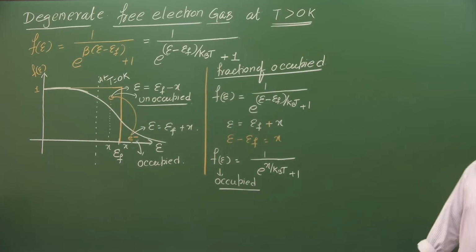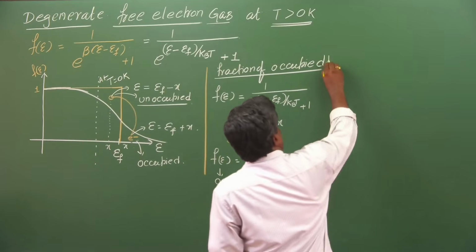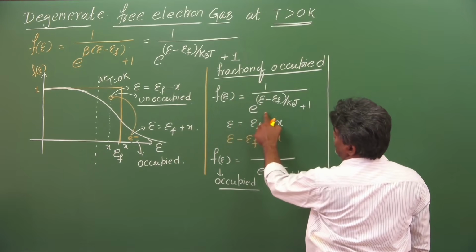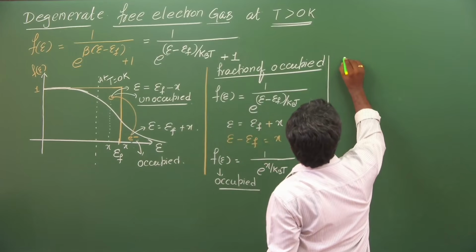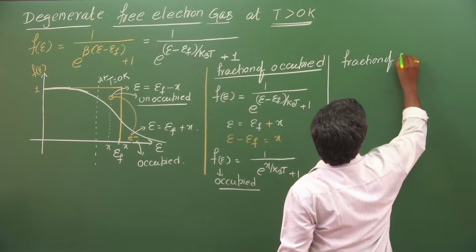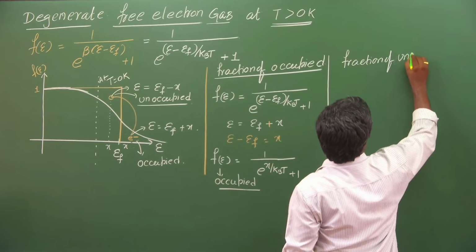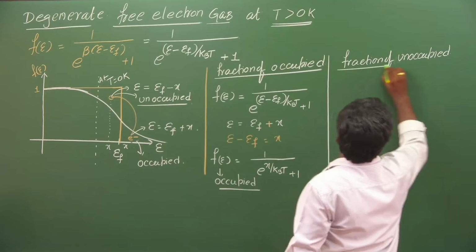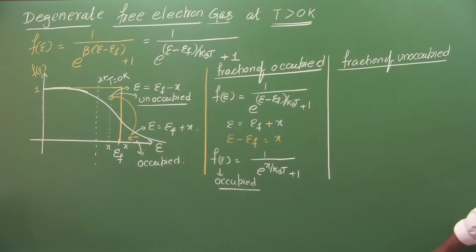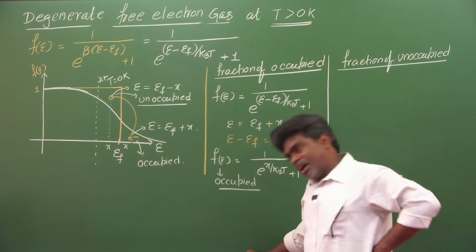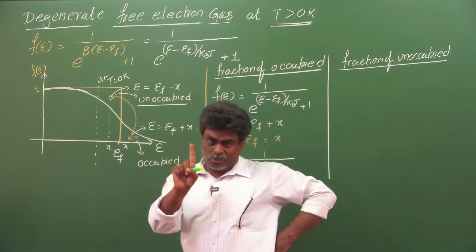Once again, this is the fraction of occupied. Here I would like to find the fraction of unoccupied. One important question is there, that's why I am explaining this. Listen carefully. Fraction of occupied plus fraction of unoccupied should be equal to 1 unit.